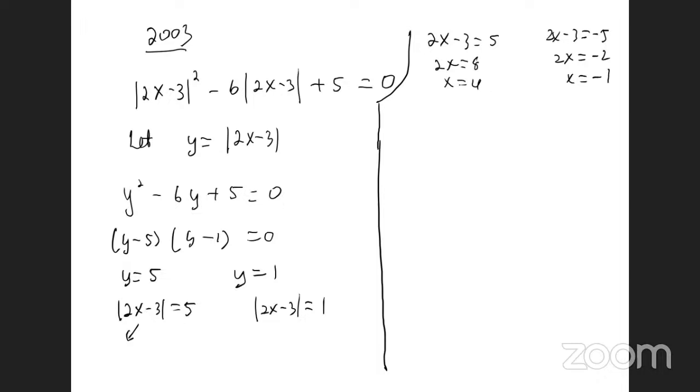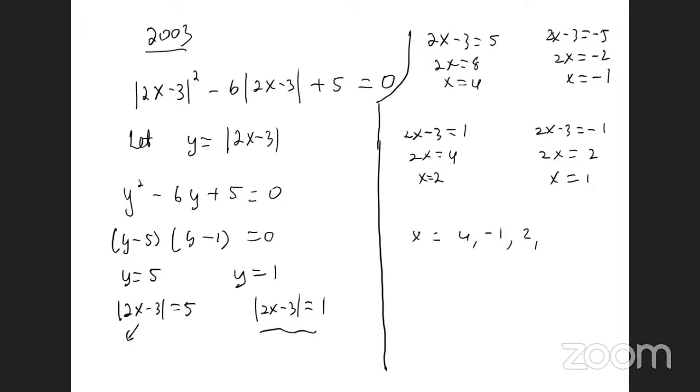Then you do this one here now. 2x minus 3 is 1, 2x is 4, x is 2. Here, you'll end up with 2x minus 3 is minus 1, 2x is 2, x is 1. So your answers are 4, minus 1, 2, and 1.